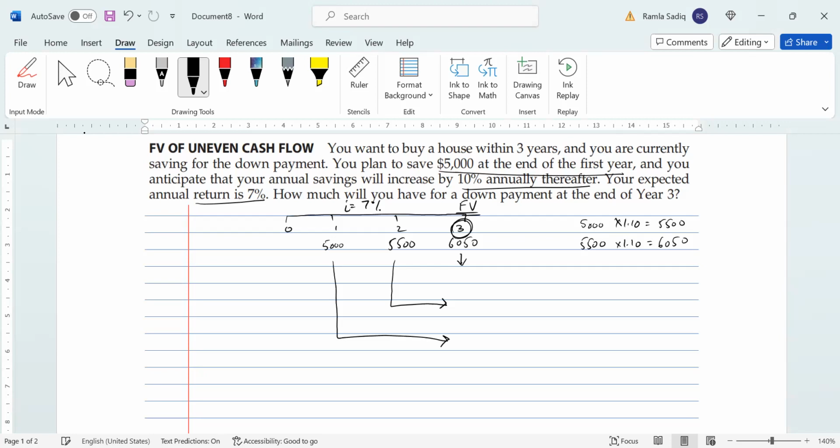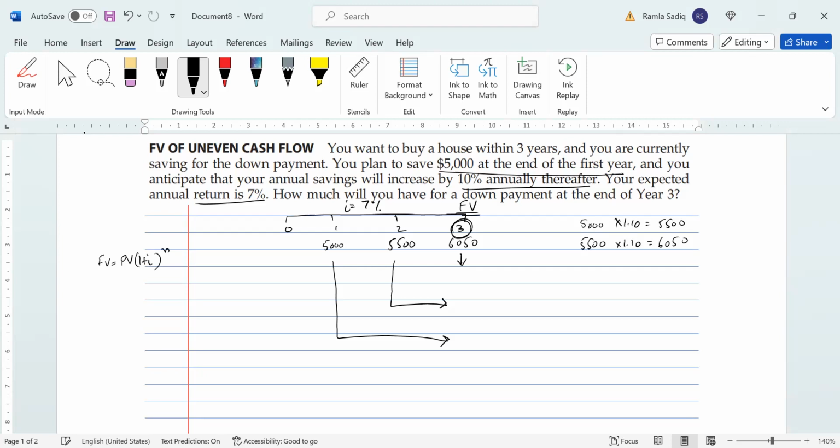And because we're using a mixed cash flow, we're going to be utilizing the simple future value formula, which, if we remember, is future value equals present value times (1 + i) to the power of n, where the present value is going to represent each cash flow, the i represents the compounded rate, and n represents the number of years it will take to get to that particular point in the timeline.